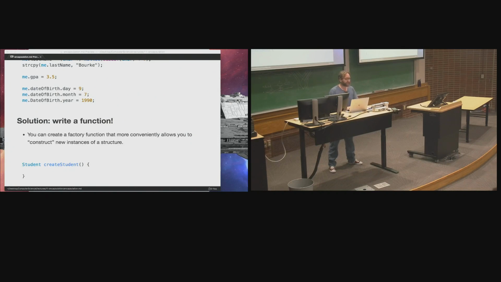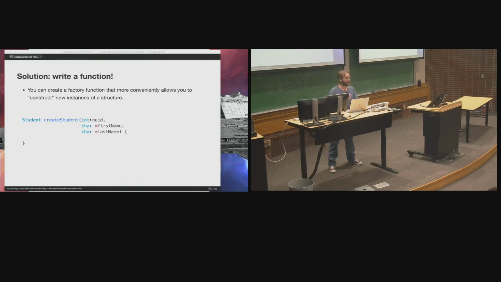It's going to take all the things that go into a student: an NUID, char star first name, char star last name. Right? And here's a style tip. These things can get quite long, so it is perfectly fine to line break them on each one of these parameters here.